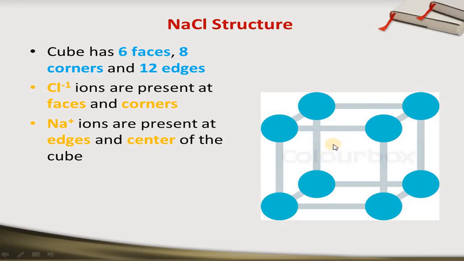Now we will calculate one by one how many chloride ions and sodium ions are present in each unit cell of sodium chloride, and I will explain this with the help of a video. First we will discuss the calculation of chloride ions, and we said that the chloride ions are present at the 8 corners of this unit cell.